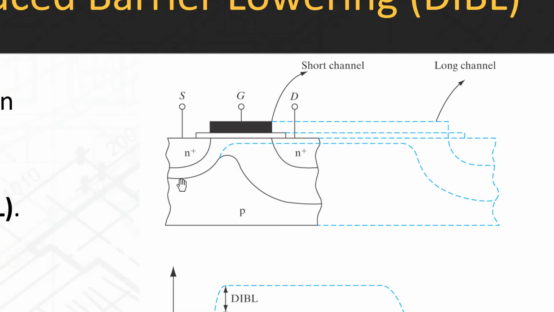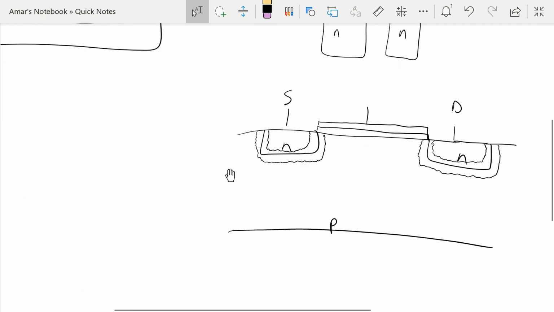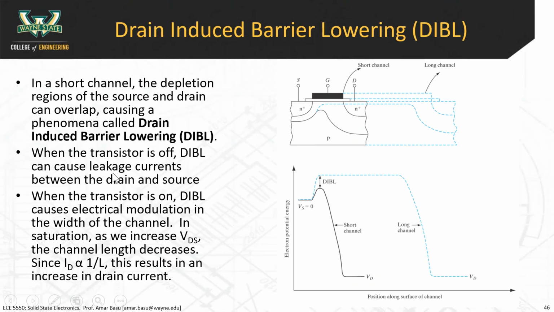All right, so this line that you see here is kind of like the depletion region in the P side of the substrate. And because the source and drain are so close to one another, those depletion regions have begun to overlap. So what does that do?